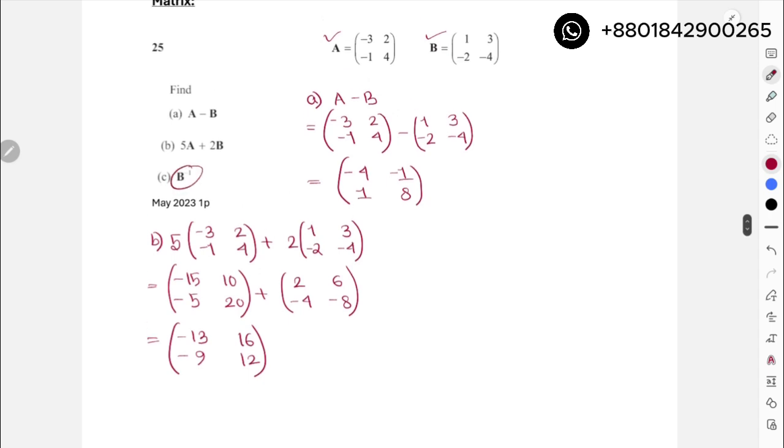For the inverse, you have to use the formula. This is B inverse. In that reference, we have 1 divided by AD minus BC, and then multiplied with the matrix D, minus B, minus C, A. This is how you arrange the formula for your inverse, right?